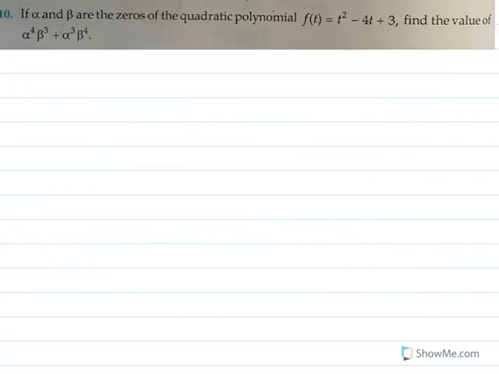For the next, if alpha beta are the zeros of the polynomial, find the value of alpha raised to 4, beta raised to 3 plus alpha cube beta 4. So our polynomial is f of t, which is t square minus 4t plus 3.